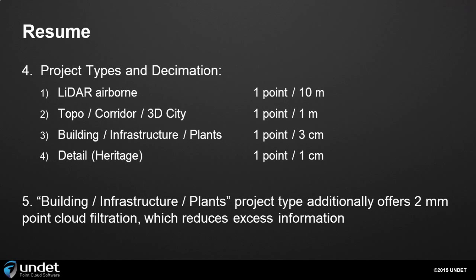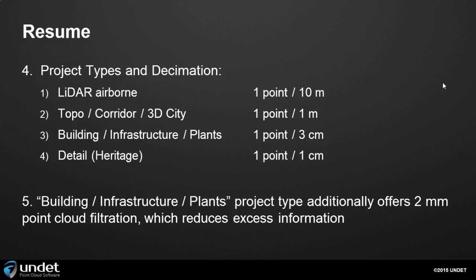And there are 4 project types and therefore 4 decimation levels. In every one of these project types, the decimated point cloud is organized in a different way. So for LiDAR airborne data, it is 1 point in every 10 meters. For topography, corridor mapping, or 3D city modeling, it is 1 point for every 1 meter.